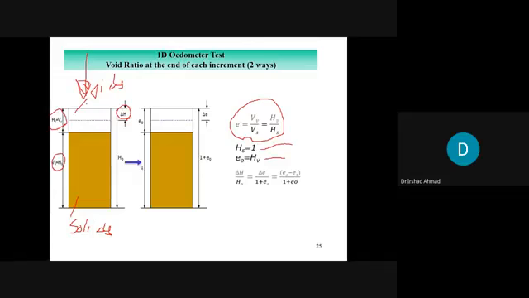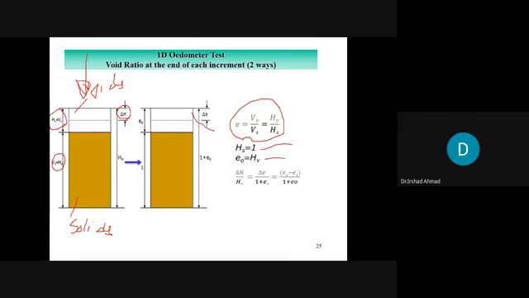So we can represent the same diagram in terms of void ratio. Hv is equal to e naught as we proved, and Hs we assume 1. So the total height would be 1 plus e naught.